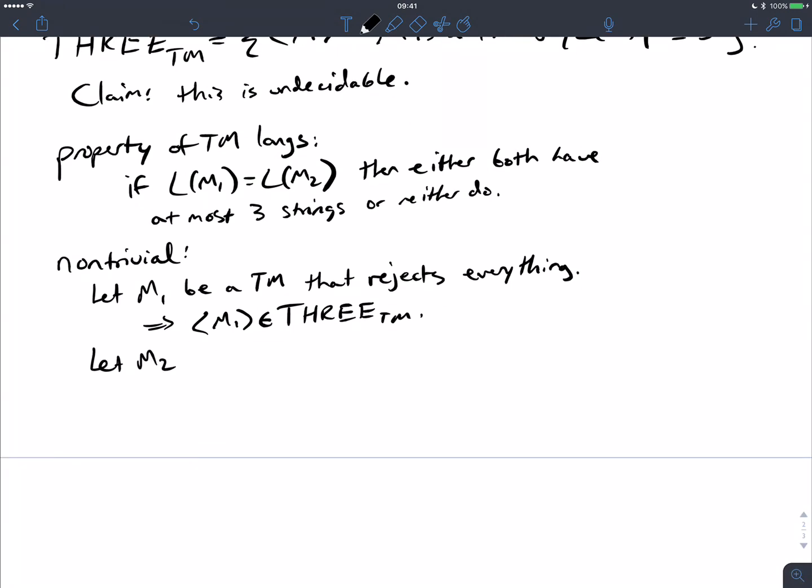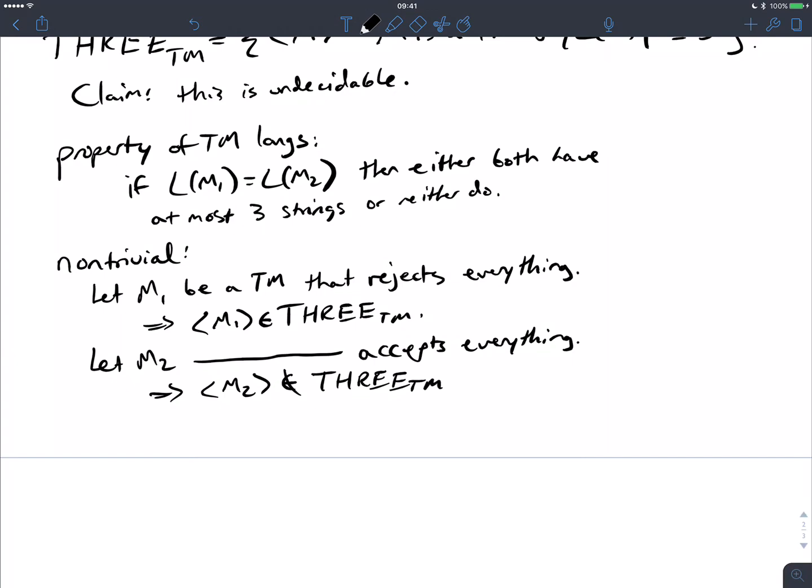Let M2 be a Turing machine that accepts everything. Then M2 is not in 3TM. So we showed that there's one machine that does have the property and another machine that doesn't.